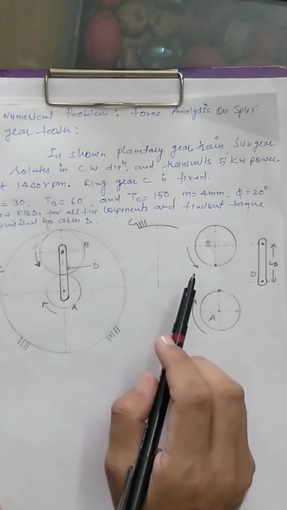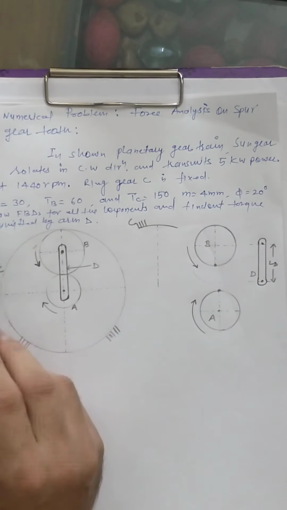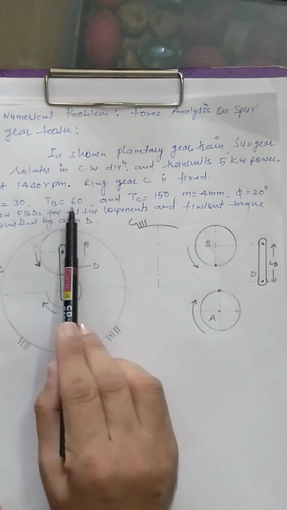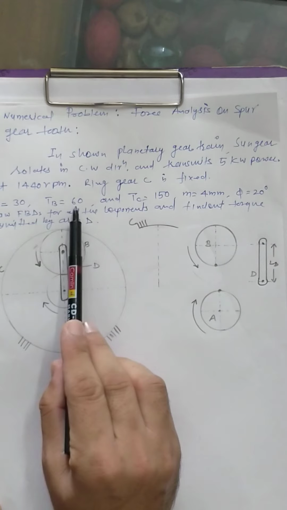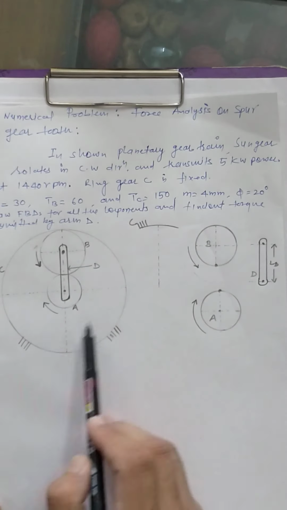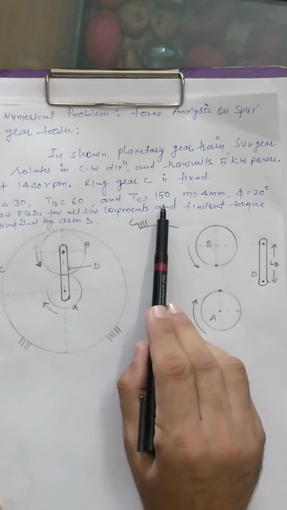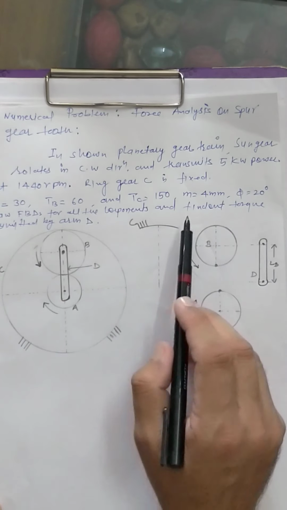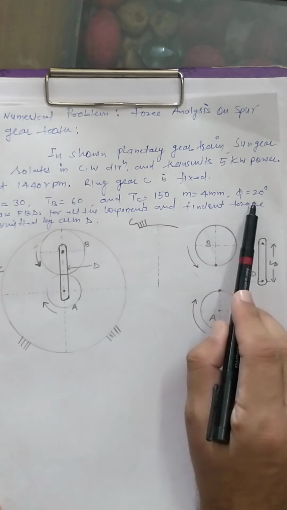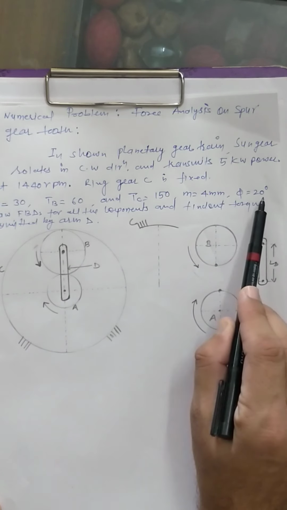So now we are given the number of teeth on A is 30, number of teeth on B is 60, and for this fixed ring gear 150, and the module for these gears is m equals 4 mm, and the pressure angle given is 20 degrees.